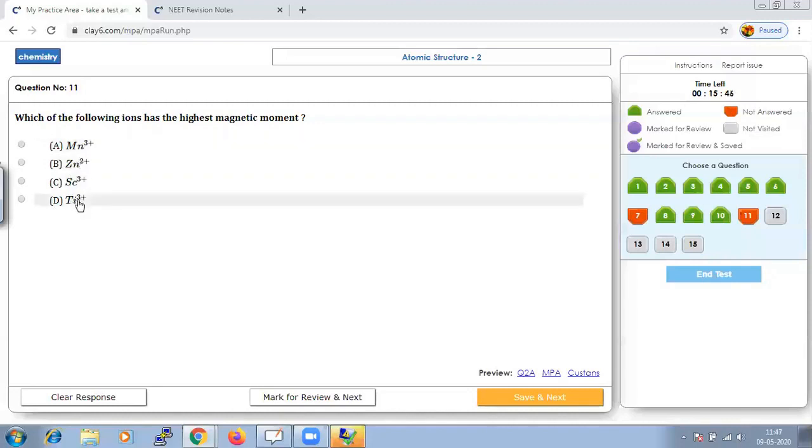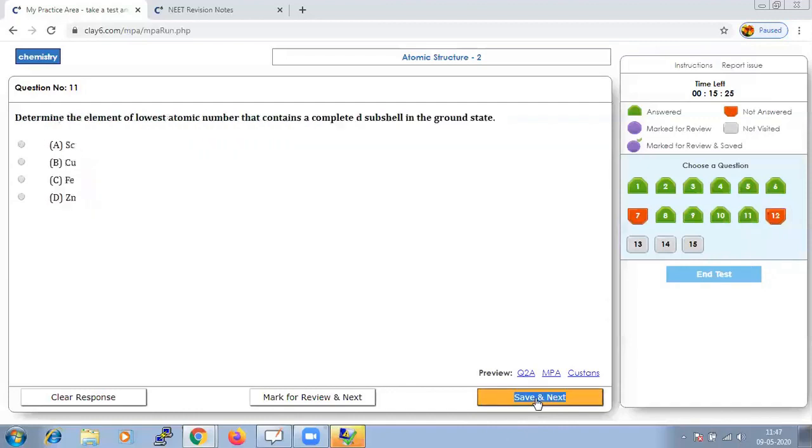So here, if you choose from this option, Mn3 plus will have 5 unpaired electrons. Hence you could conclude that this will have the highest magnetic moment. That is the relation between your unpaired electrons and your magnetic moment. Let us save and go to next.